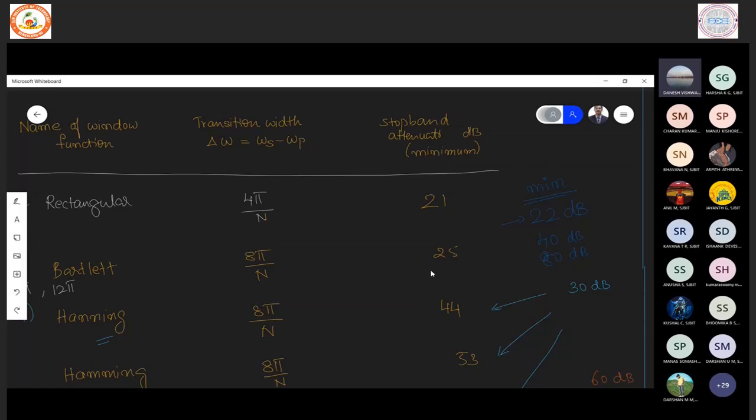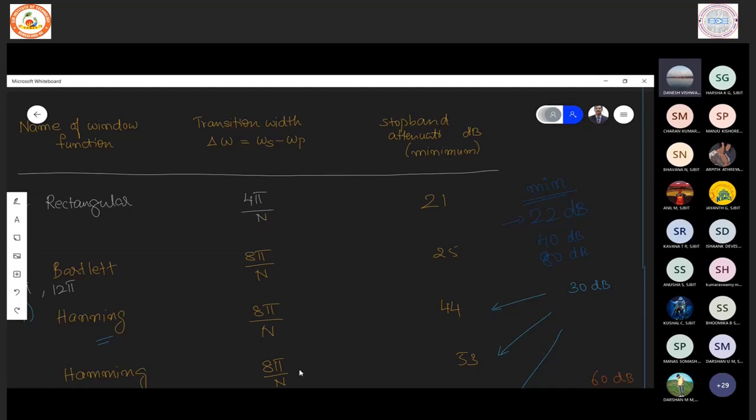You have to be wise, you have to be smart. So 25 is greater than 22, so Bartlett satisfies the criteria. If I go with Bartlett, the transition width is better compared to that of Blackman. Blackman had 12 pi by N, okay, delta omega, that is the difference between the passband edge frequency and stopband edge frequency, equal to 8 pi by N for Bartlett.